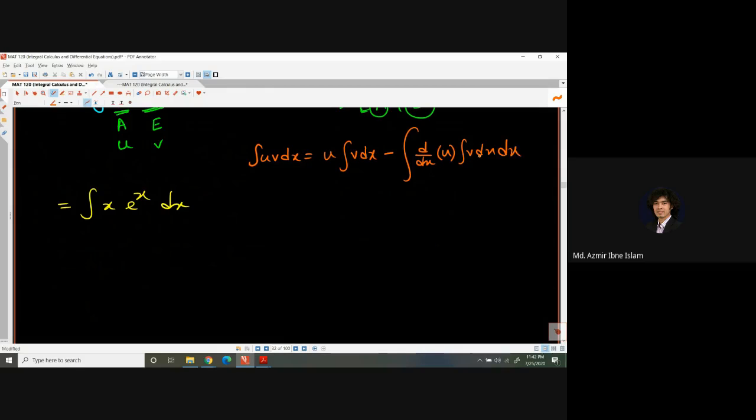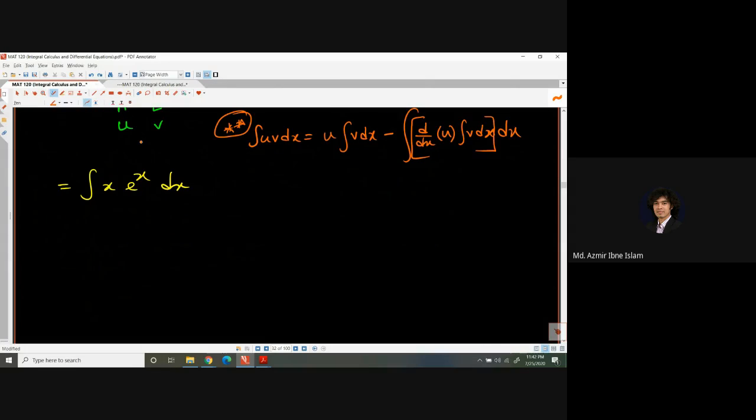So we will go this way, and we can easily solve this complicated integral by using this concept. So we have u equal to x and v equal to e to the power x. Let's write down this one, u equal to x and v equal to e to the power x. This will help us to figure it out.